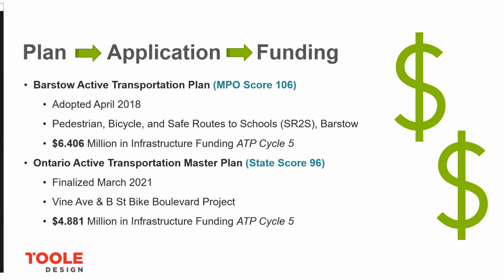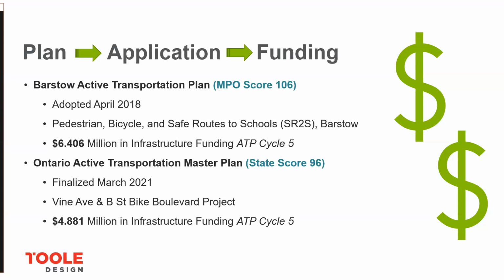And I was really excited to hear that Barstow was pursuing this level of grant application. So what they did is they bundled some Safe Routes to School corridors, and for the ATP Cycle 5, they were able to obtain $6.4 million in infrastructure funds to start implementing their active transportation network.